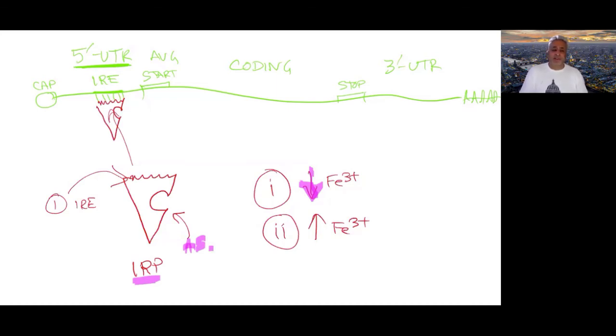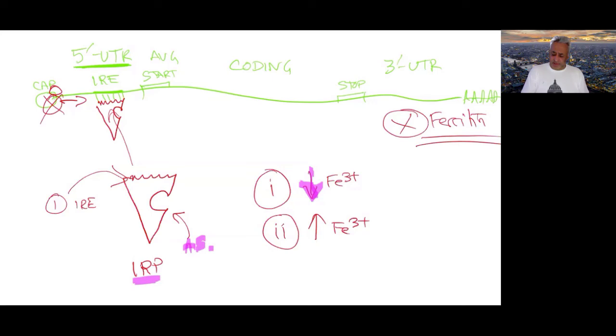Now, when the protein is sitting on the IRE, it makes it impossible for the ribosome to bind and then move along past that particular protein. Therefore, translation is prevented, and therefore this messenger RNA does not produce any protein. Right? So no ferritin is produced. That makes sense because there's not enough iron for you to store within the ferritin complex.